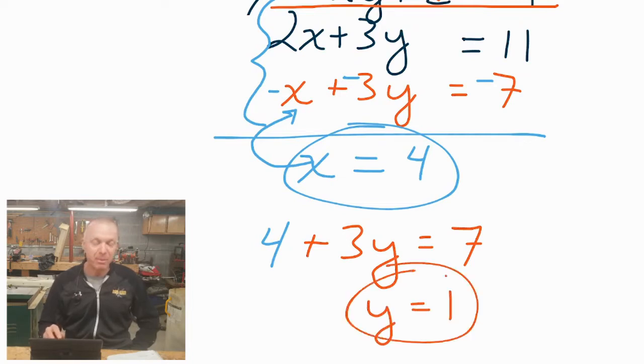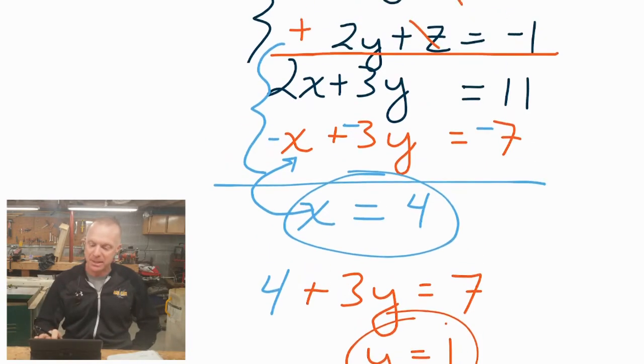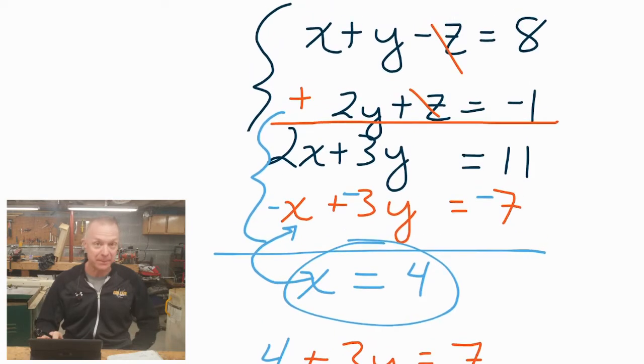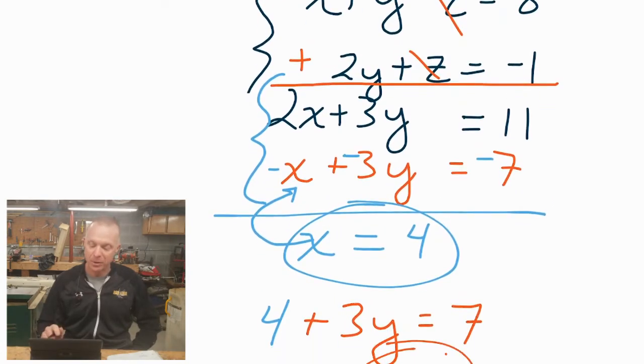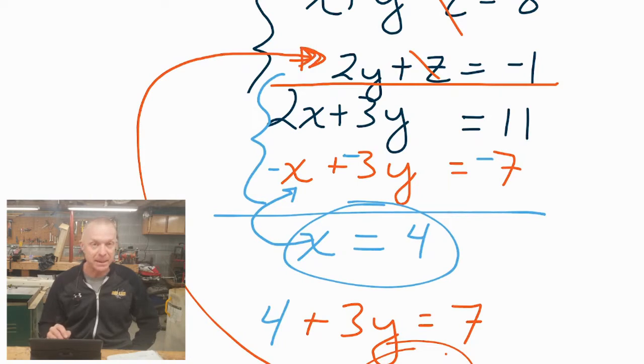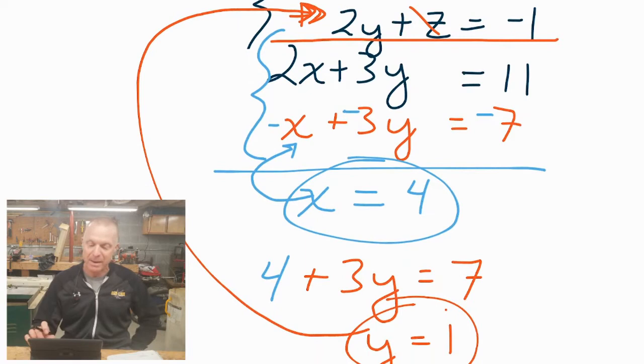Only after I have both of my x and y, only after I have two of my variables, do I decide to go back up to the top equations and solve for z. And you could plug into any one of those top equations that contain a z. Noticing that the second equation is kind of easy because all it has is a y and a z. So I'm going to plug y equals 1 back into that second equation.